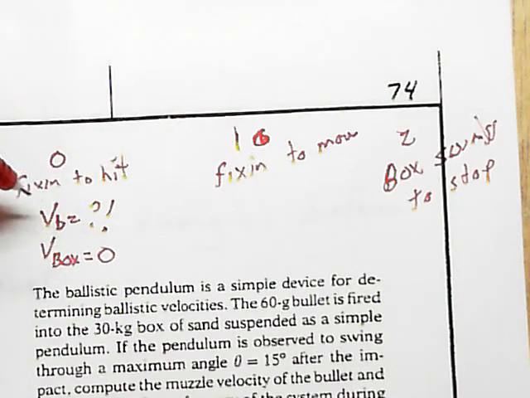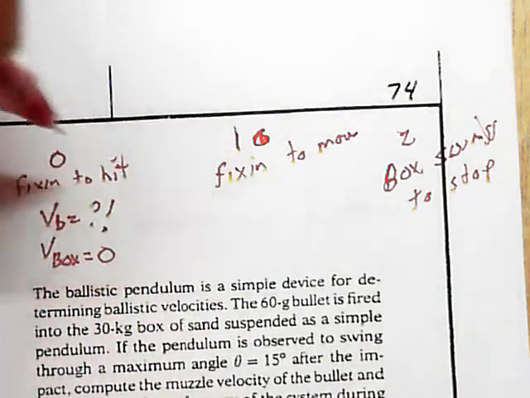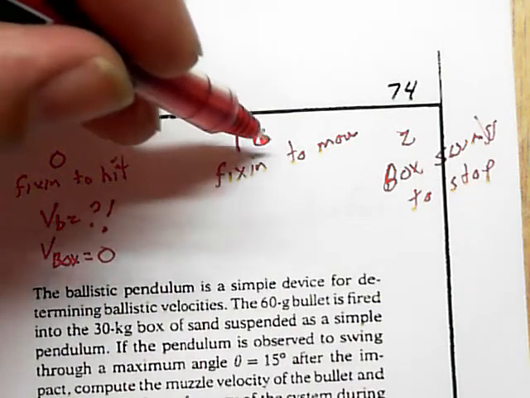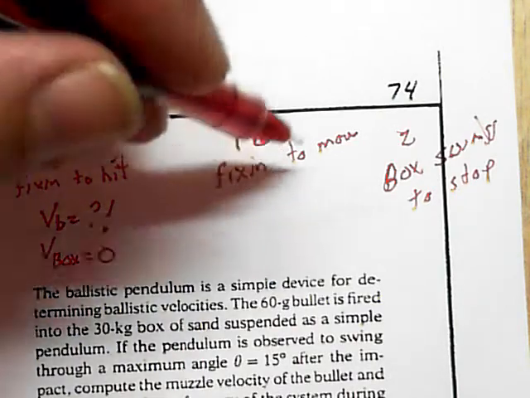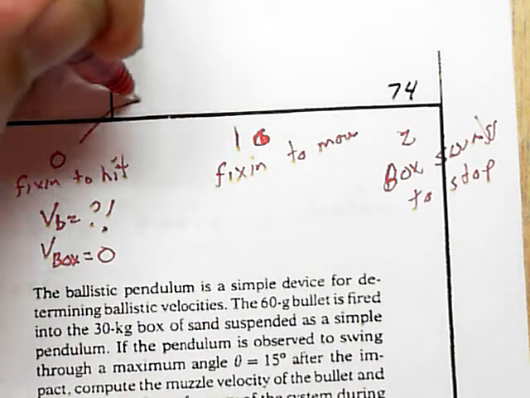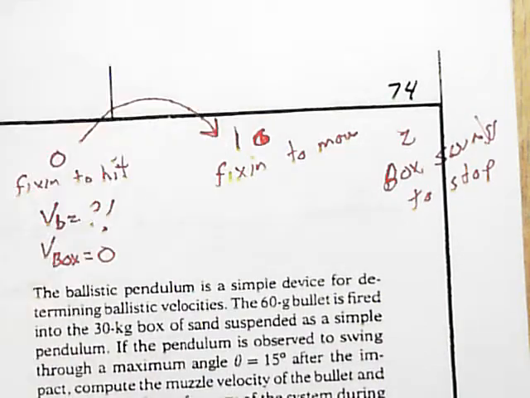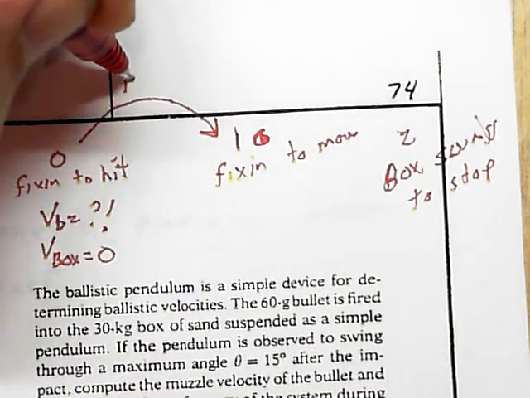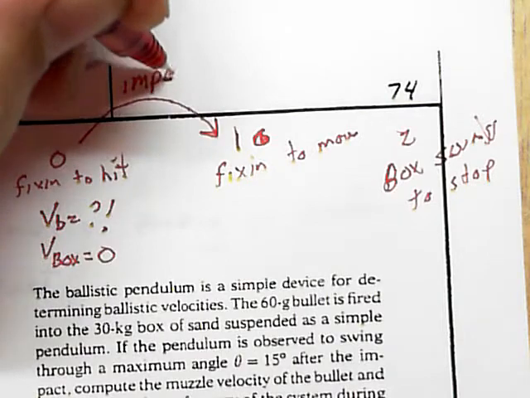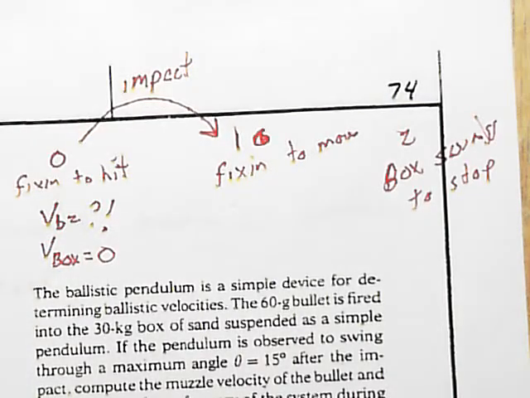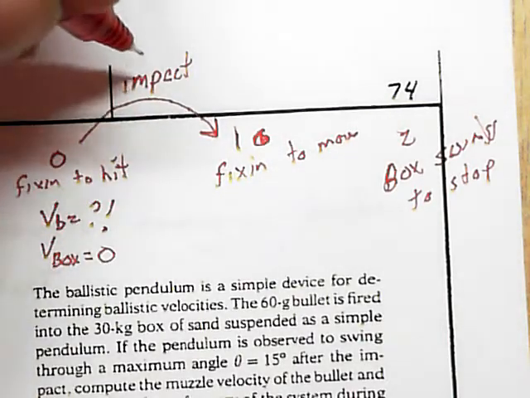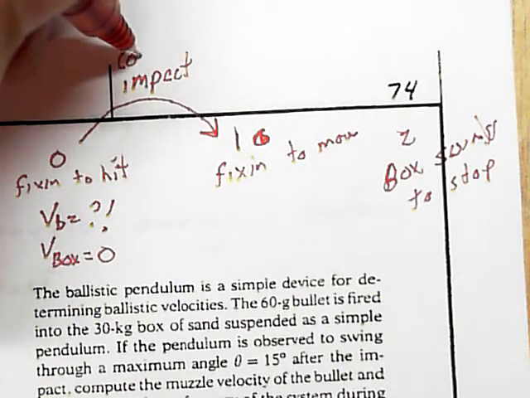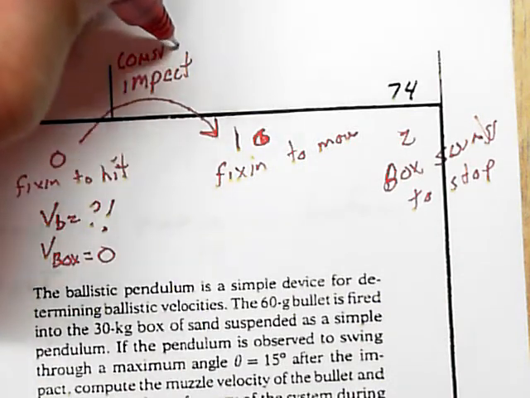Then as the bullet has hit the box and has buried itself into the box and caused the box to start moving, this process we will call impact. But we will also make the argument that this process is conservation of momentum.